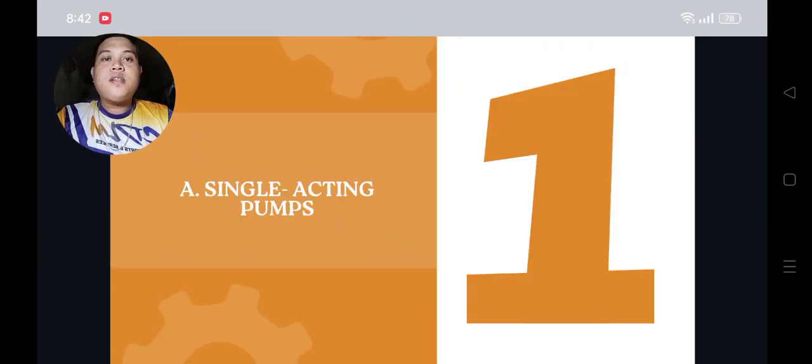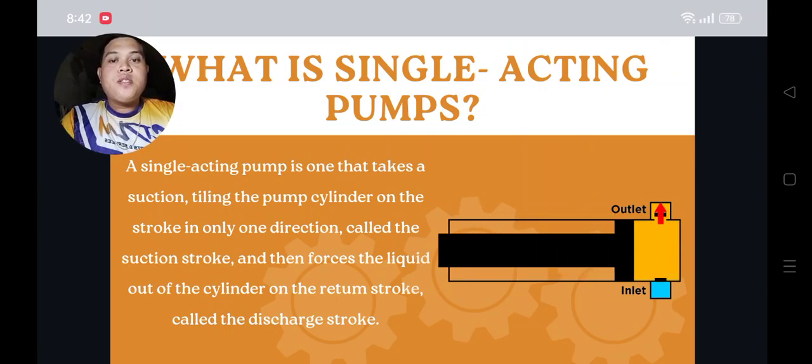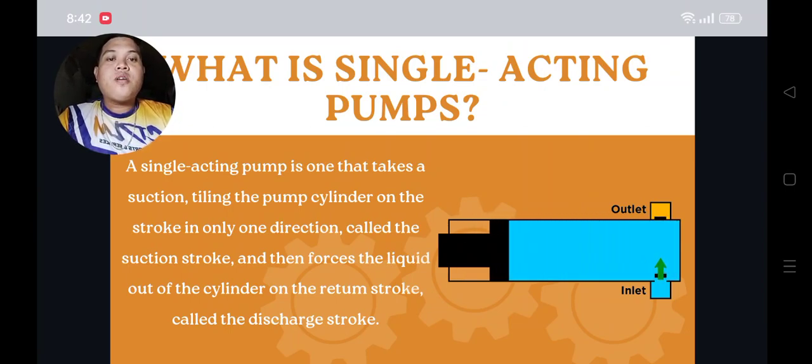First is single acting pumps. As you can see in the video, the single acting pump works in two steps, the suction and discharge stroke. In the video you can see the motion of the pump piston moving in one direction.